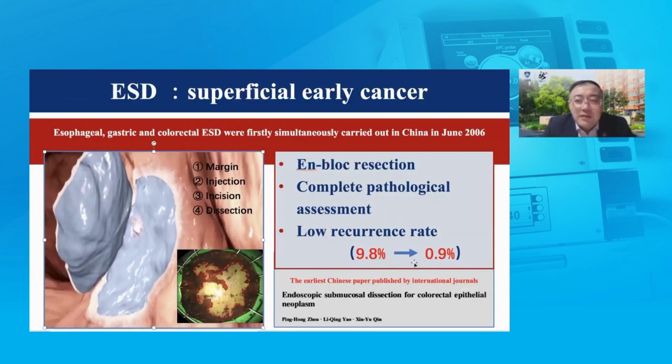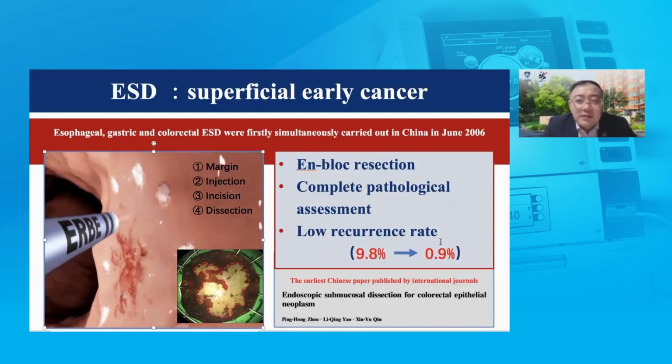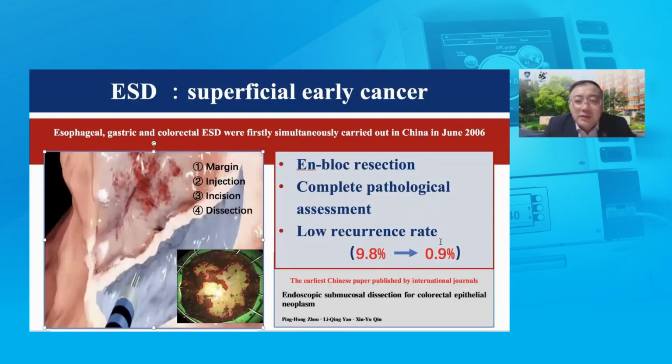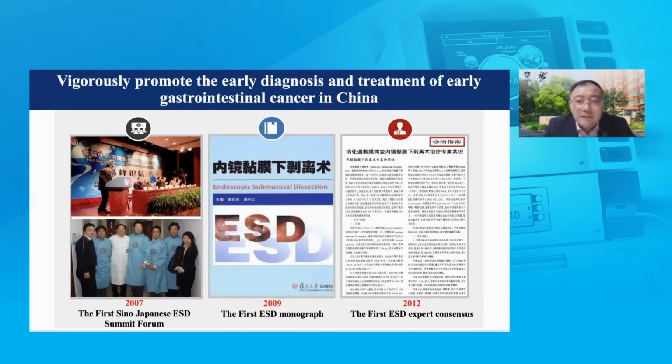The local recurrence rate decreased from 9.8% to 1%. In 2006, we held the first Sino-Japan ESD summit and published the first ESD monograph. So the ESD technique vigorously promoted the early diagnosis and treatment of early GI cancer in China.